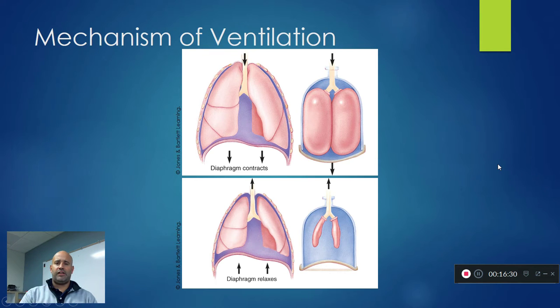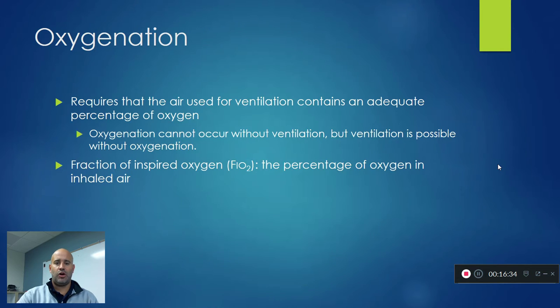So ventilation is the physical act of moving air in and allowing it to go out. Now let's talk about oxygenation. That is the body's ability and your blood cells' ability to receive oxygen from the outside environment. Remember, oxygen has an affinity for a red blood cell, namely hemoglobin.